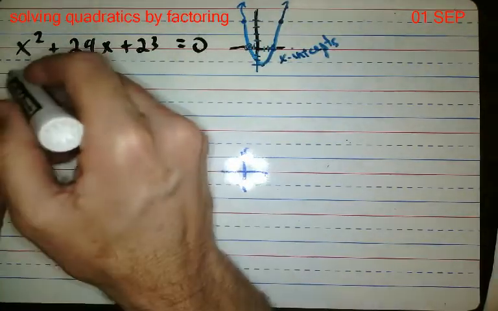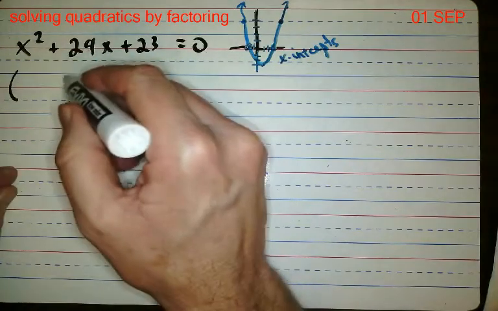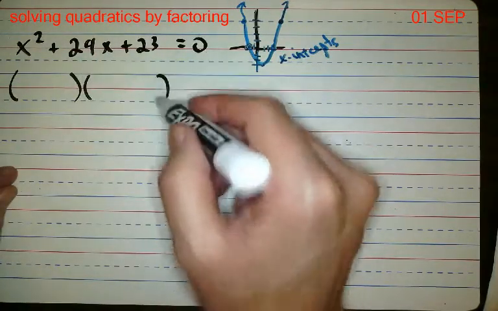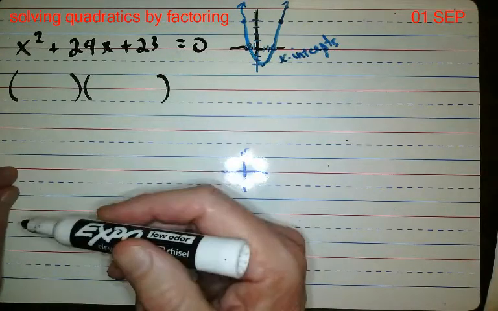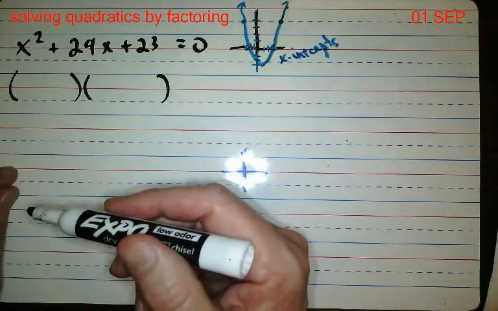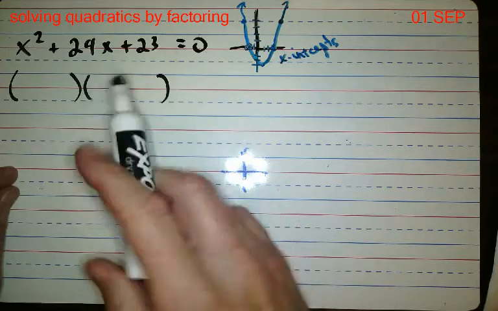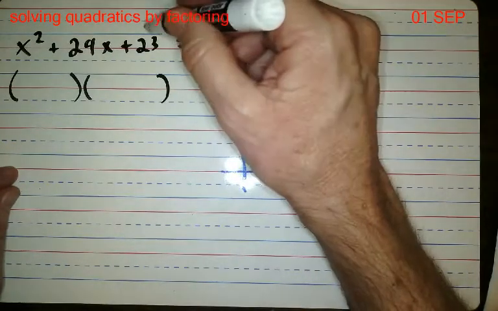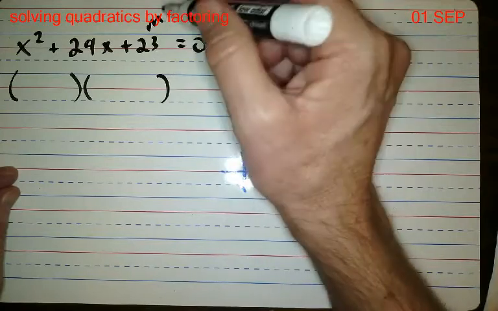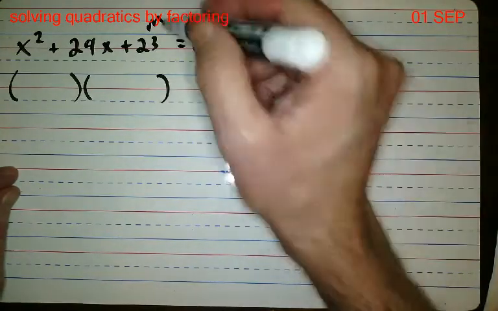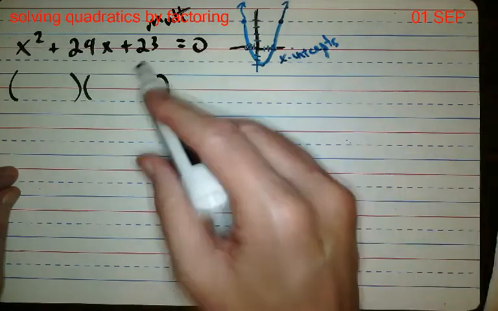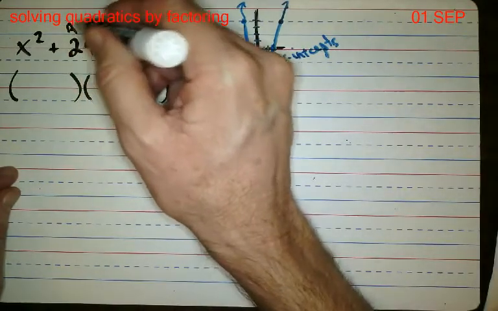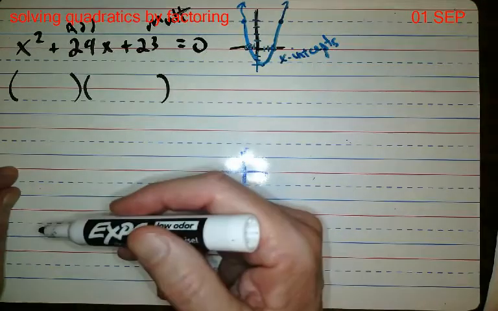Okay, so if you remember factoring, we did factoring last week and then we took the weekend off and now we're back in factoring again. So we have to find the numbers that multiply to be 23, and they have to add up to be 24.